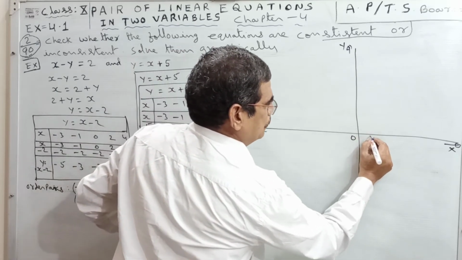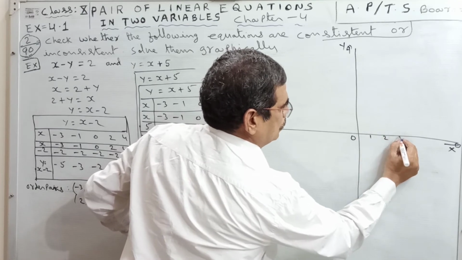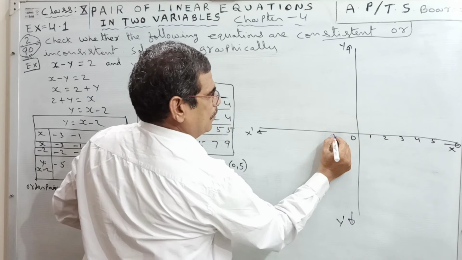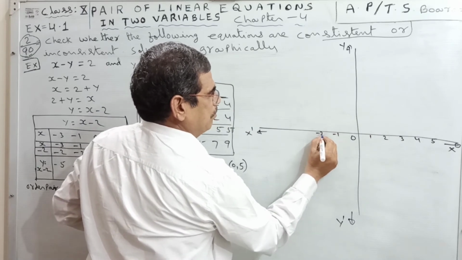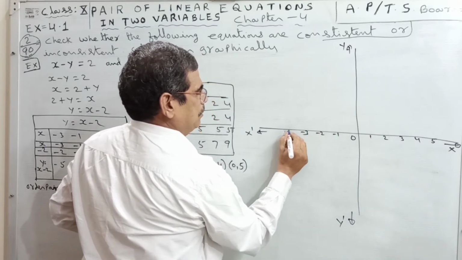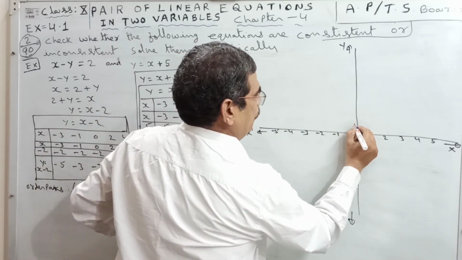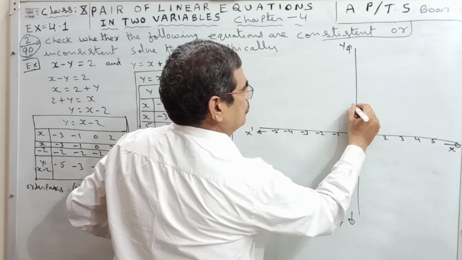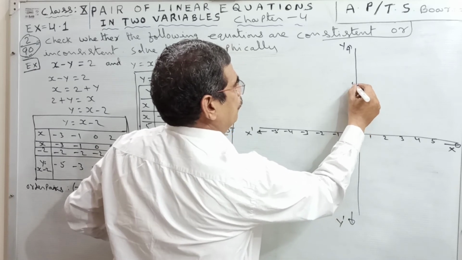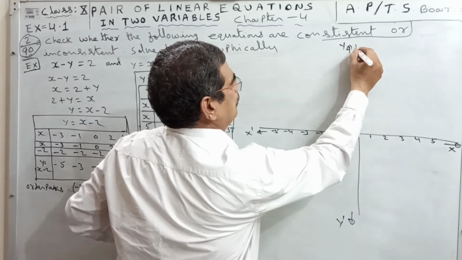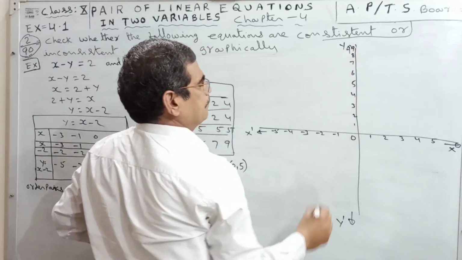So here 0, 1, 2, 3, 4, 5 like this. On the left side minus values: -2, -3, -4, -5 like this. Y values 1, 2, 3, 4, 5, 6, 7, 8, 9 like this.